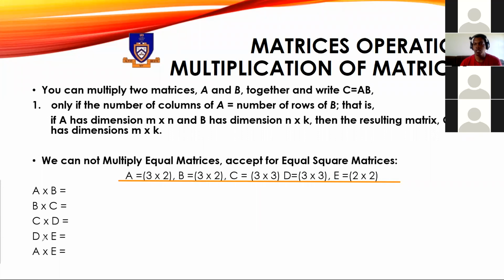Can we multiply CD, DE, AE? Just a yes or no would be sufficient. So please unmute. Say matrix A times B, no or yes, and then I'll write it down here, and then we can check the answers together. This is a very important activity, so participation here will allow us to understand the next parts very easily. Okay, the floor is open for anybody to start.